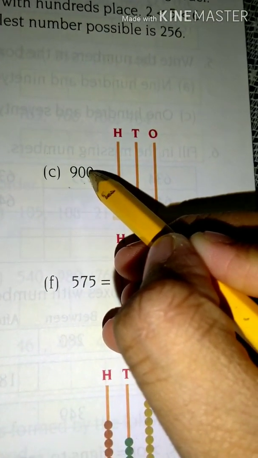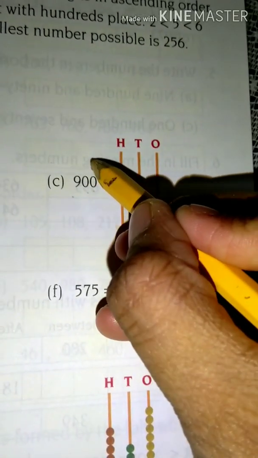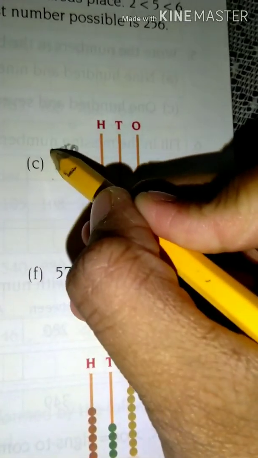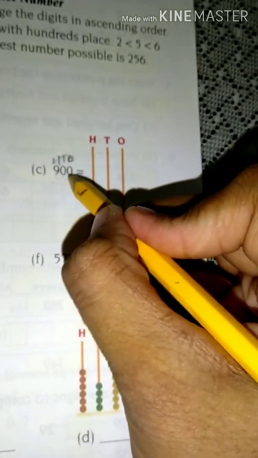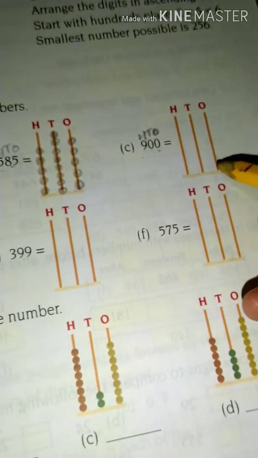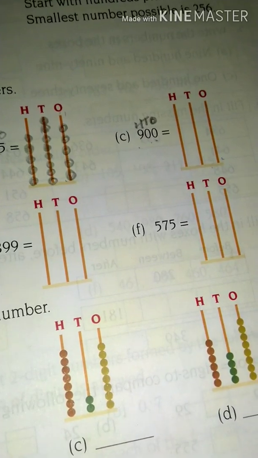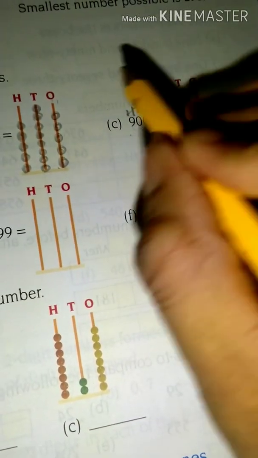Next, if we move to the C part, then this is 0, 0 and 9. So first is the ones column, second is tens, and the third one is hundreds. There is 0 in the ones column, so we will not put any bead over here. Same in the tens, 0 is there, we will not put any bead.